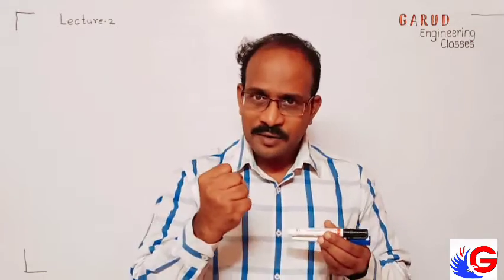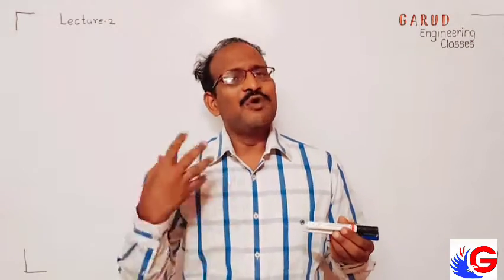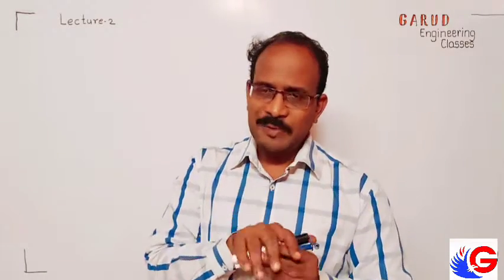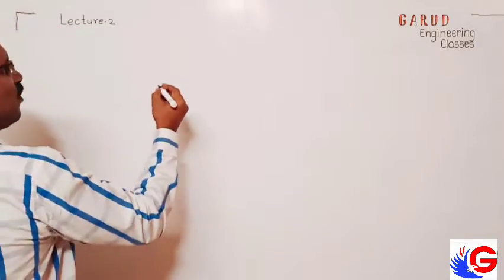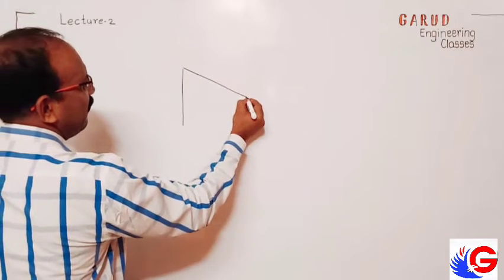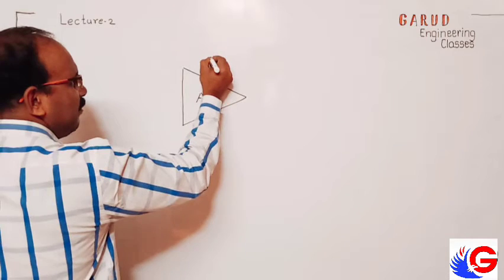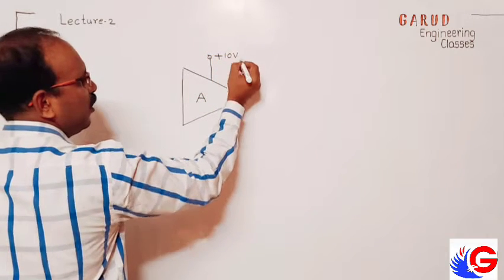Amplification means strength. There are different types of amplifiers: current amplifier, voltage amplifier, and power amplifier. Here I will explain what type of amplifier it is. Suppose this is the symbol of an amplifier, and I write A. The amplifier must have a signal, say 10 volt.